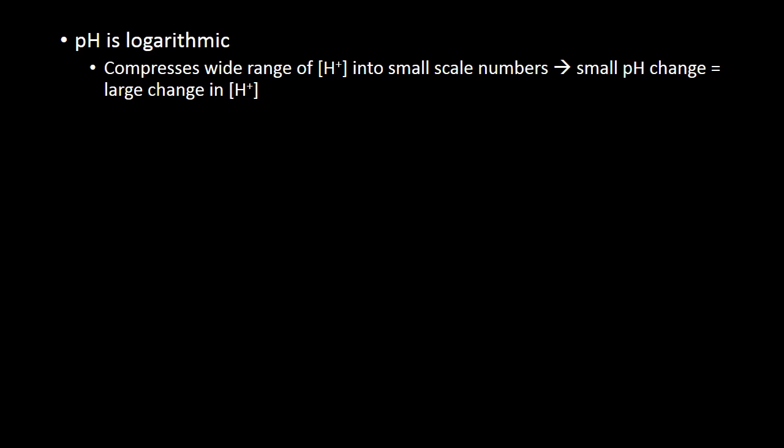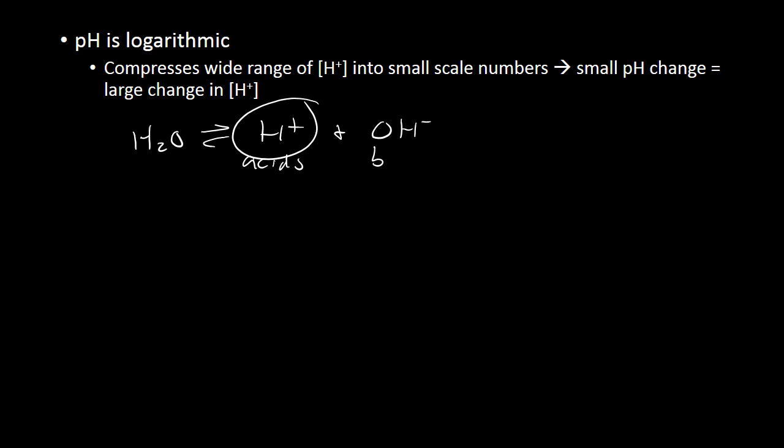All right, so when you look at water as an example, and when water dissociates, you have H plus and OH minus. We tend to concentrate on this H plus for acids. We cannot ignore the fact that the other half of water is a base, which is that OH minus.